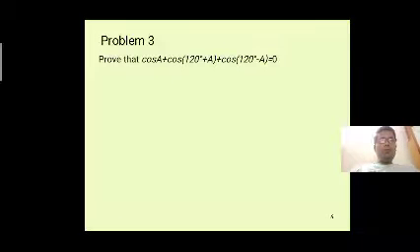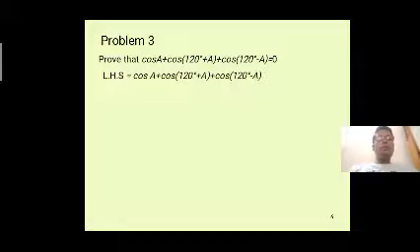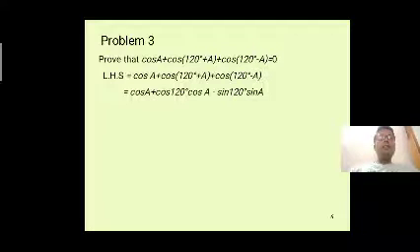Now we go to problem number 3. Prove that cos A plus cos of (120 plus A) plus cos of (120 minus A) equals 0. Here we write LHS equals cos A plus cos (120 plus A) plus cos (120 minus A).